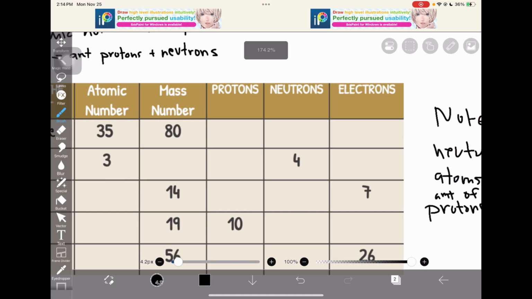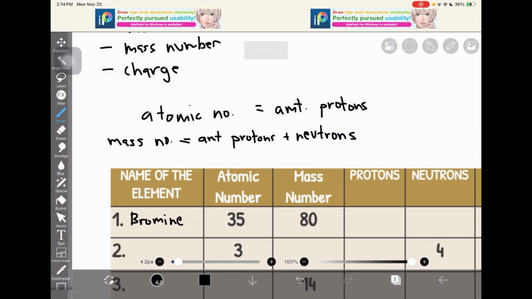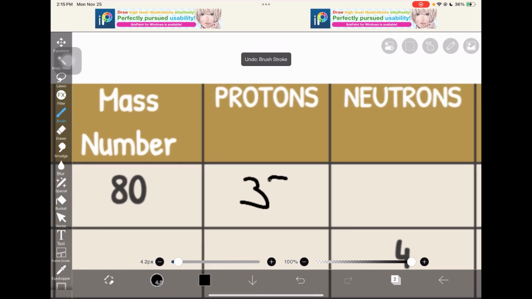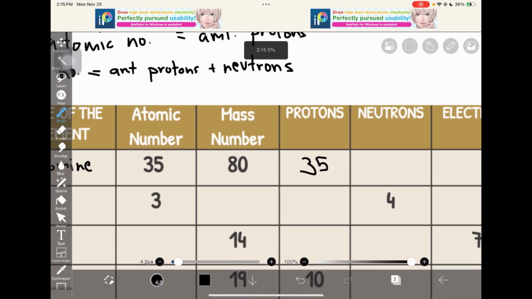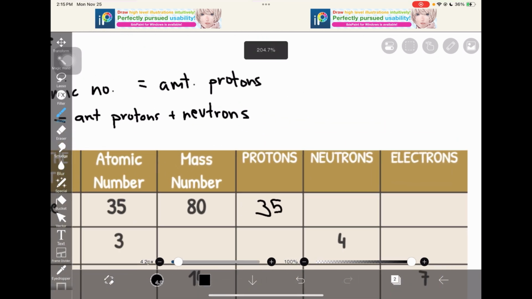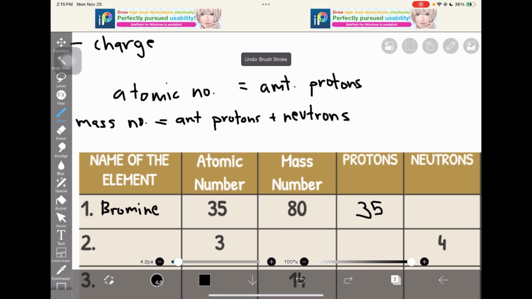Secondly, we are asked to find the amount of protons. And based on our fact that it's assuming neutral atoms, the atomic number is equal to the amount of protons. Therefore, 35 is here, thus the amount of protons is also 35. Next, to find the amount of neutrons, the mass number is equal to the amount of protons and neutrons.